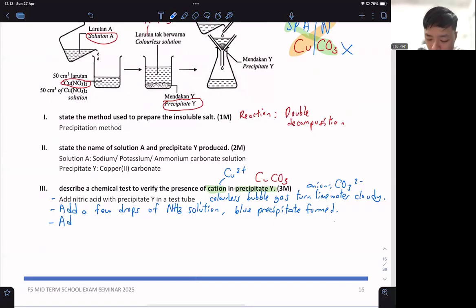then you add, what happens? You add excess ammonia solution into the test tube.